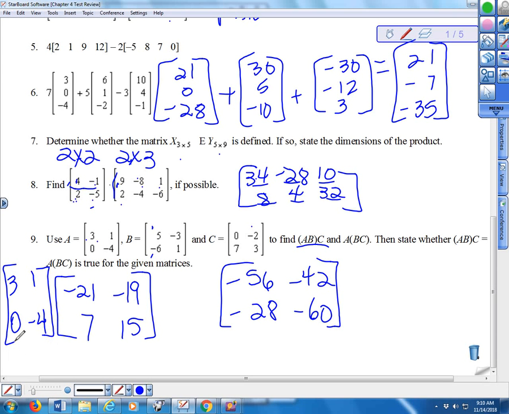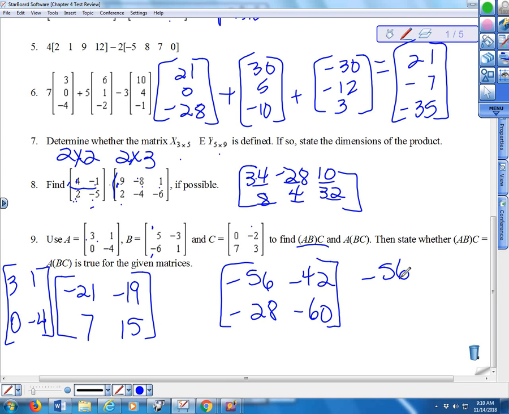Now 3 times negative 21 is negative 63. Negative 63 plus 7 is negative 56. 3 times negative 19 plus 15. 3 times negative 19 is, what?